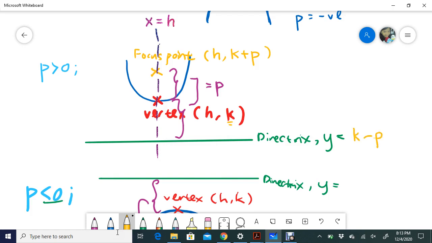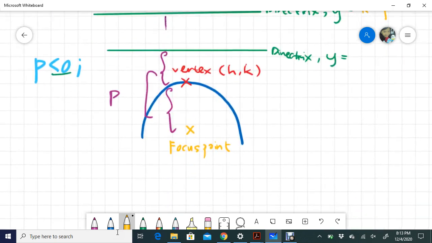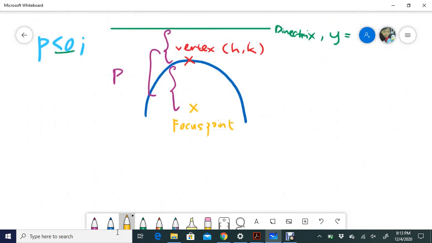Let us go for p less than 0. When p is less than 0, same thing. Do remember your vertical line, or your symmetrical line, will be x equals h, because the h coordinate will not change.